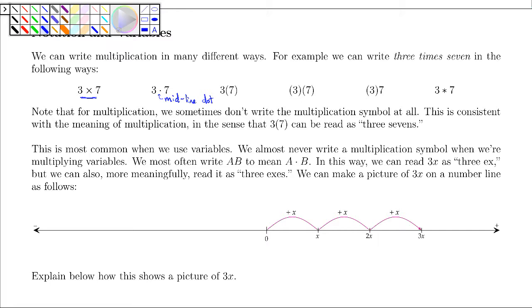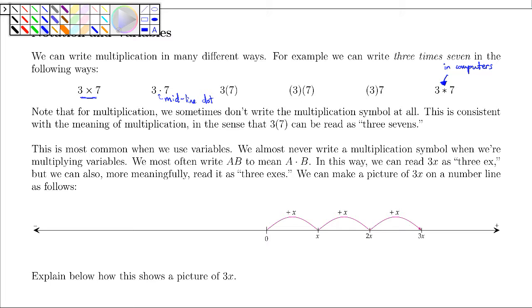All right, and this notation here, we maybe have talked about this a little bit in the past. That is usually used in computers. So if you ever need to do multiplication in some sort of program, we don't have this midline dot on our keyboards, so we use this asterisk, which I believe is above the 8 key.